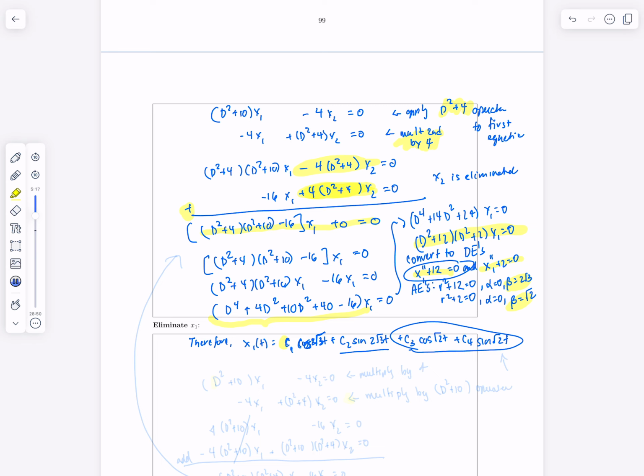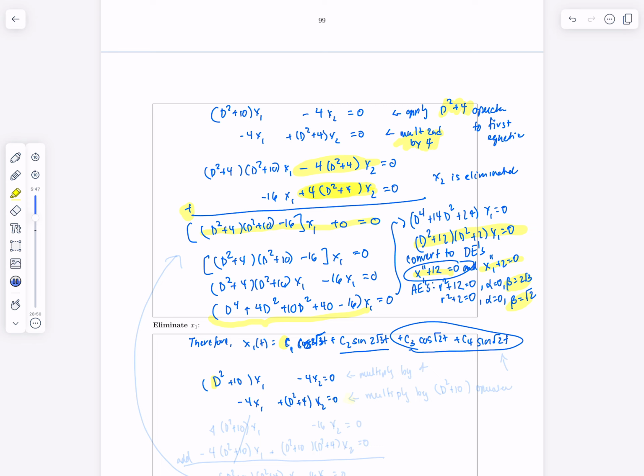If we go back to the original operator form, we have D squared plus 10 times x1 minus 4 x2 equals 0. And then we have minus 4 x1 plus D squared plus 4 times x2. Again, that was our operator representation of the coupled differential equations.